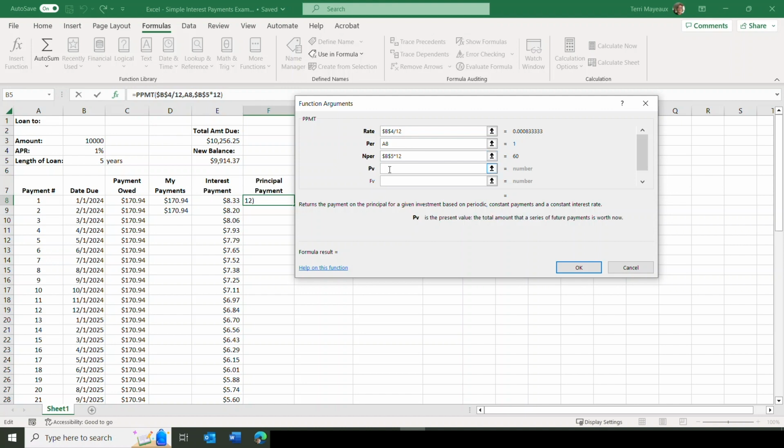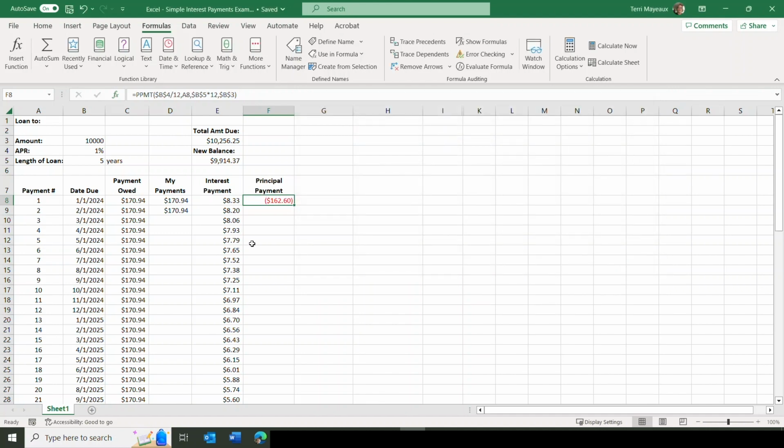And then the PV, the present value, is again the initial loan amount. So that is B3. And I again don't want to have that reference change as I copy the formula. So I'll put dollar signs in front of the B and the 3, and we'll click OK. And just like payment and interest payment, principal payment is again showing that this comes out of our bank account.